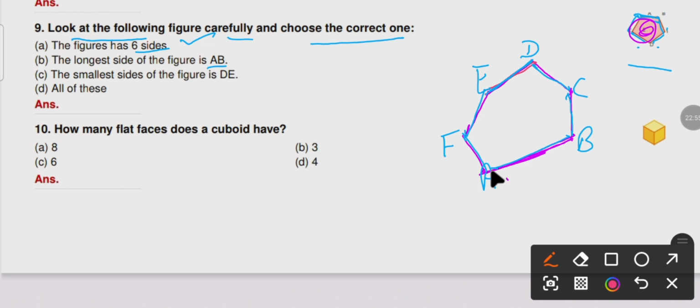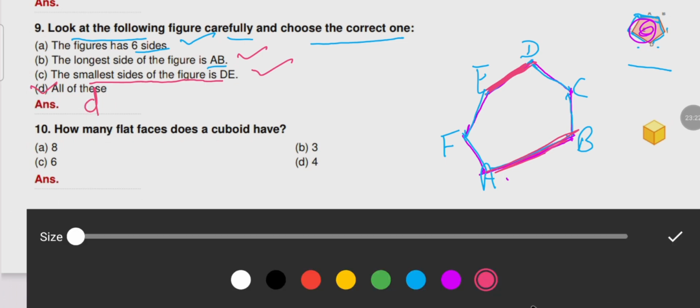So AB, yes, this is the longest side, so this is right. Now the smallest side of the figure is DE, this is right. So all of these are correct options. So option D is the right answer.